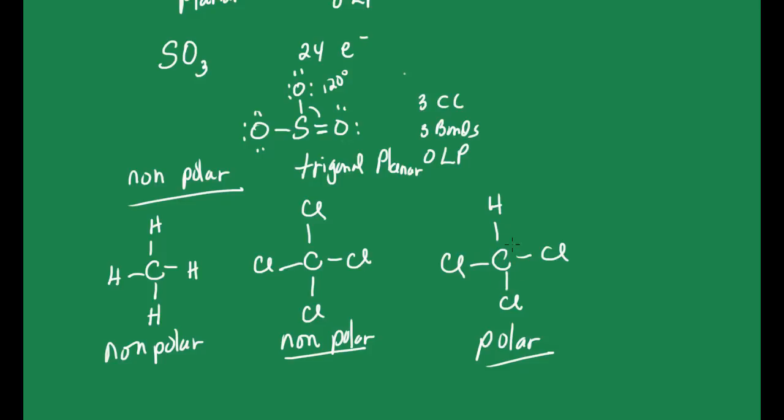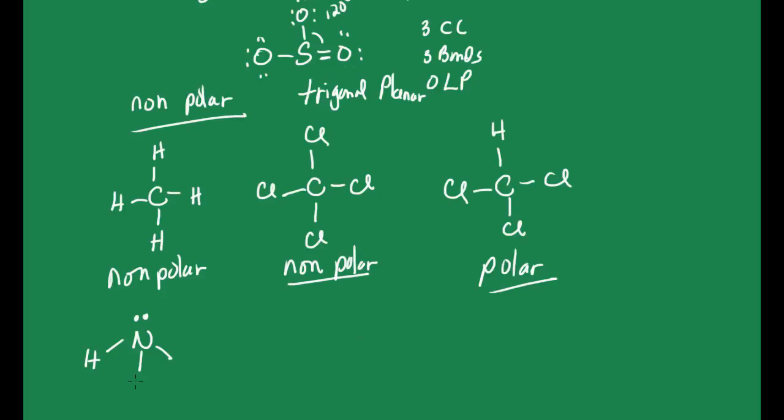So there's going to be a polarity involved with this. For example, ammonia, we have this trigonal pyramidal molecular geometry. Remember the electron pair geometry is tetrahedral, but even though these bonds here are equivalent, we have this lone pair. So the electron distribution is not the same throughout the molecule. This is a polar molecule.